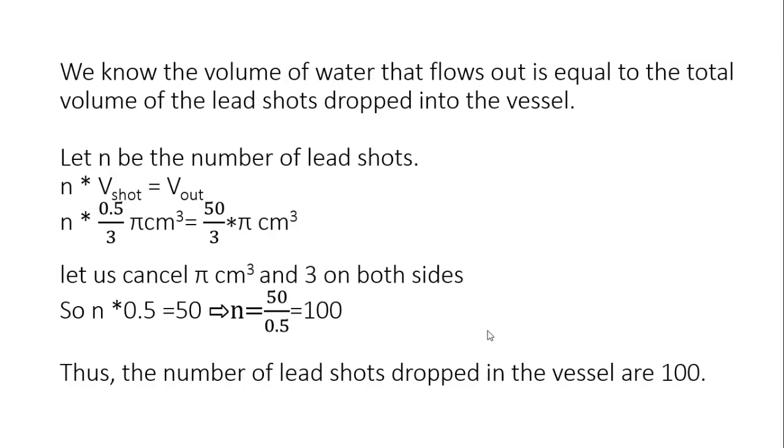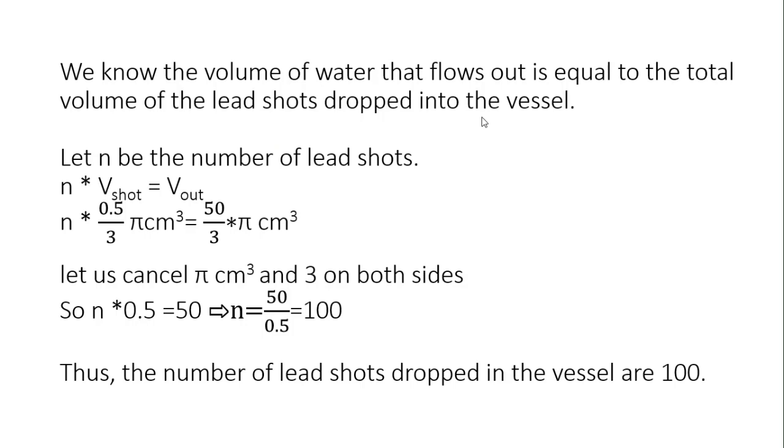Okay, so we know the volume of the water that flows out is equal to the total volume of the lead shots that are dropped into the vessel. Total volume of the lead shots, how will we get? We know only the volume of one lead shot. So let us take the number of lead shots that are dropped into the vessel as n. We don't know that number, we are going to find it out, but we know the volume of a single lead shot.